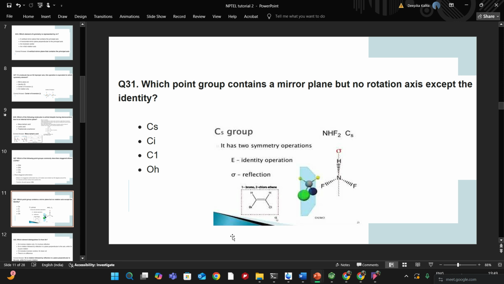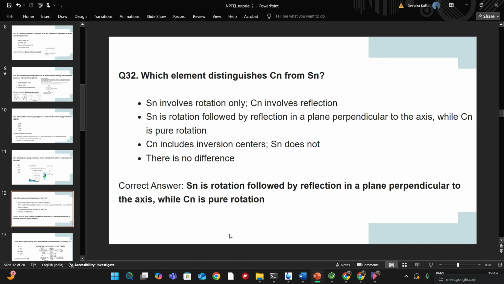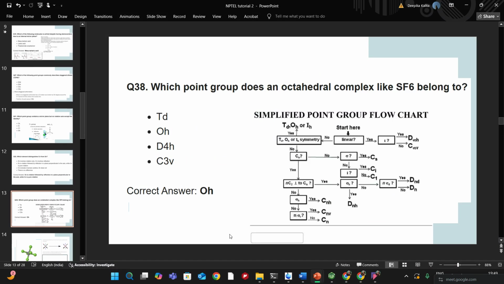And we also looked at molecules which contain only a mirror plane but no rotation axis, and the point group which is assigned to such molecules is CS. Then we discussed distinguishing CN from SN, and we also discussed the point group of octahedral molecules.